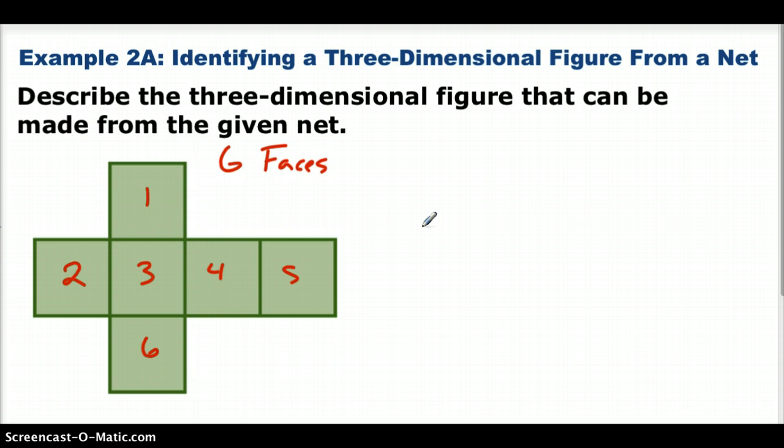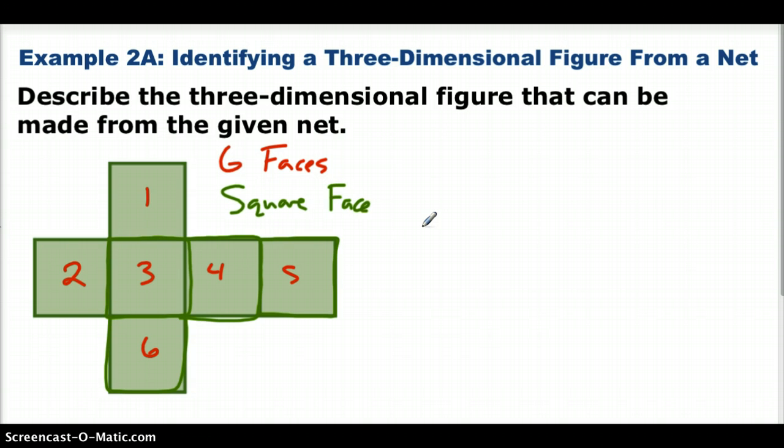Now we want to look at what shape all of these faces are. In this picture, these all look like square faces. If I outline one of these, especially this base here, they all look like the same shape, squares. So let's say square faces.